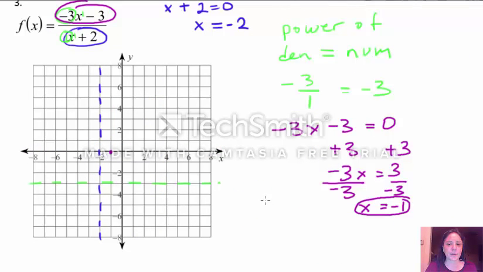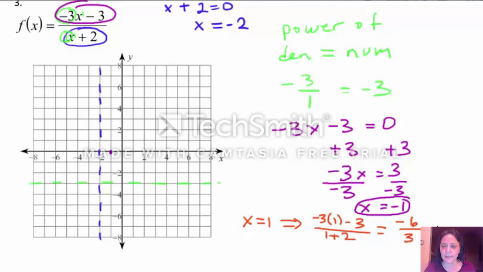Alright, let's look at problem 3. We do have an x-intercept that we have graphed here. So let's look at where we would expect the mirror point to be, and that would be at x equals 1. So if we plug that in, we would have negative 3 times 1 minus 3 over 1 plus 2, and that would give us negative 3 minus 3, which is negative 6 over 3.